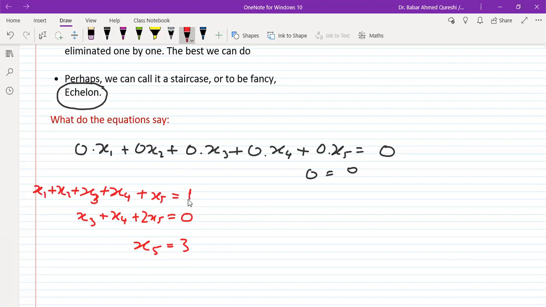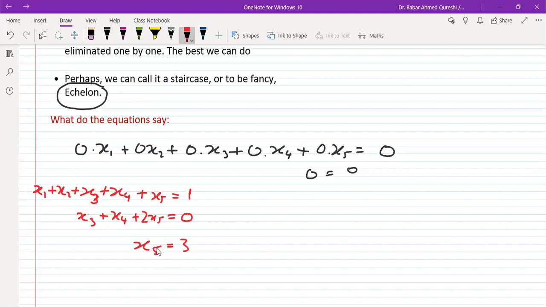Now, what can I do with these equations to solve them? I know the solution of a triangular system, strictly triangular system. If I look at these guys, x1, x3, if I just collect the leading variables over here, x1, x3, x5, in these 3 variables, this system will look triangular.